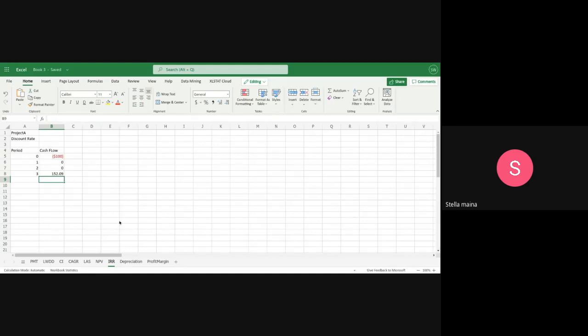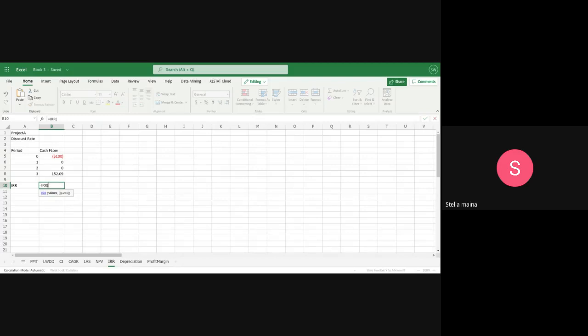So the IRR is calculated by using the formula IRR. You can see it says returns the internal rate of return for a series of cash flow, and then the values.